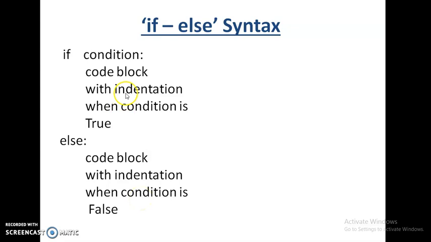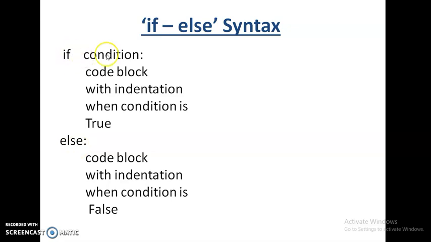Hence, to summarize, we can say that in front of if we will write one condition. If this condition is true, then this code block, these lines of instruction or part of source code, will be executed, and if this condition is false, this code block will be skipped and the control of execution will directly come to else, and the code block corresponding to else will be executed.